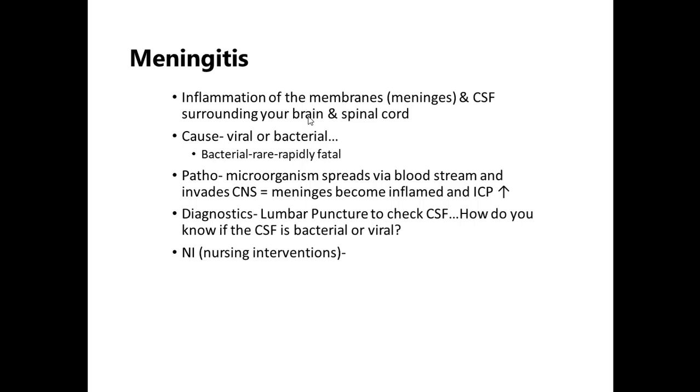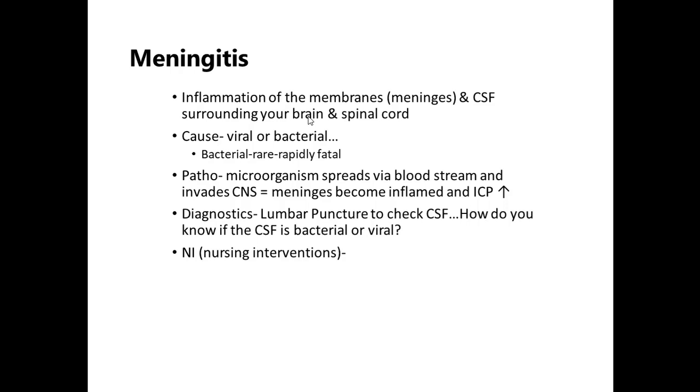All right, infections that affect the brain. Meningitis. Basically, this is the inflammation of the membranes, the meninges, and the CSF fluid surrounding the brain and the spinal cord. It can be viral, it can be bacterial. Bacterial is pretty rare, but bacteria is generally the one that is more fatal.